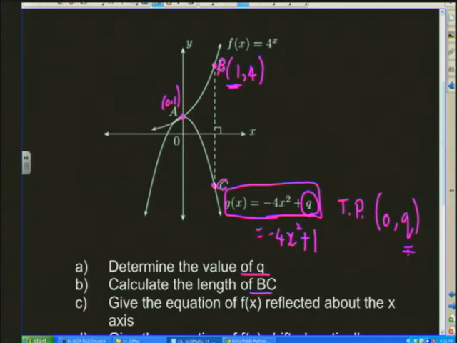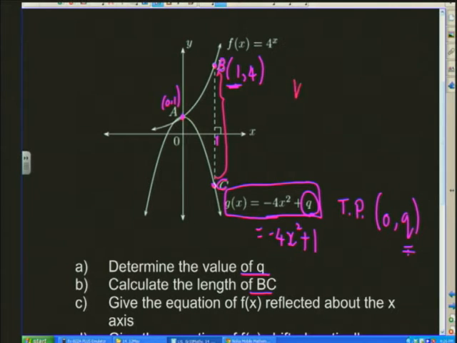That means the x value along this line is going to stay the same. So therefore the x value anywhere along line BC is going to be 1. How does that help you? Well, we're looking for the length BC. So that's a vertical distance, right?